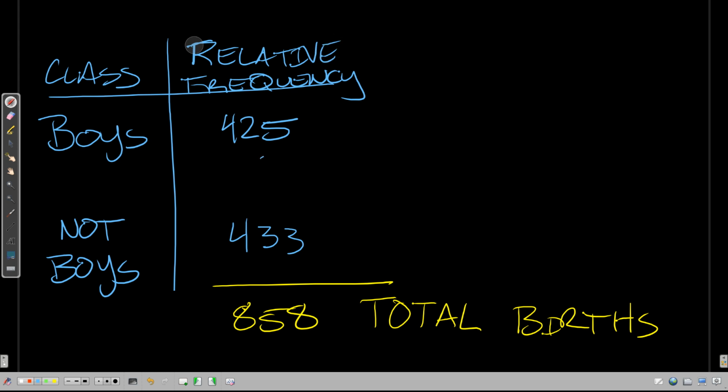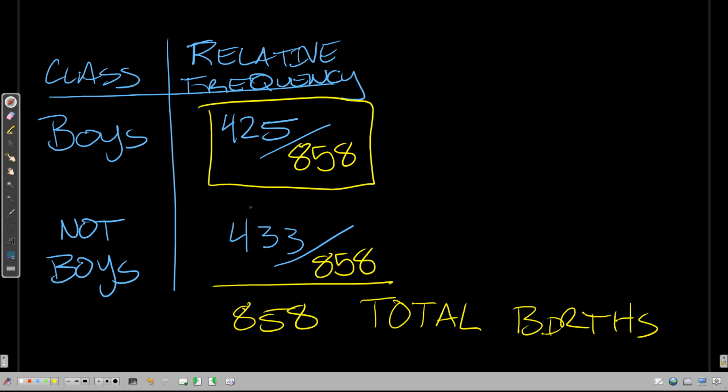This is all like week 1 and week 2 stuff. I can convert it to a relative frequency table just by dividing each of these frequencies by the total. If I divide each of these frequencies by the total, then this fraction right here, that is p hat.